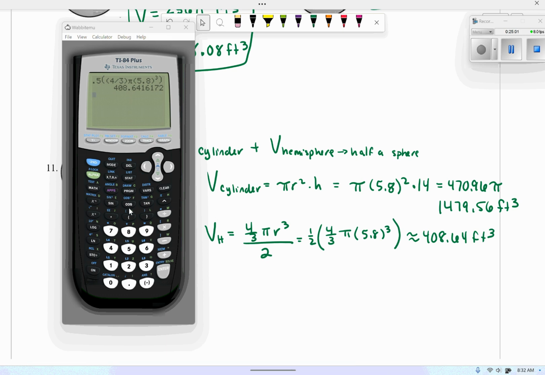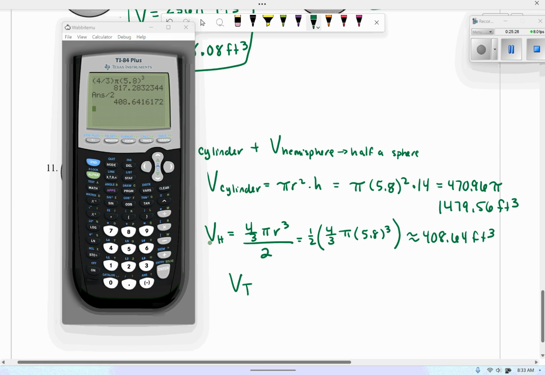And just to show you, even if I did it with the dividing by 2, it's going to be the same answer. So 4 divided by 3 times pi times 5.8 to the third, and then if you divide that by 2, you notice you get the same thing. I just want to show you. So then the total volume would be adding these two together.